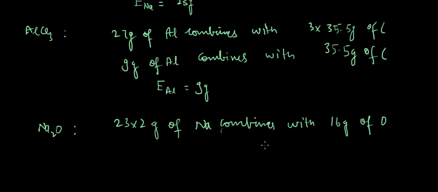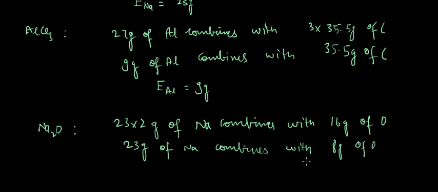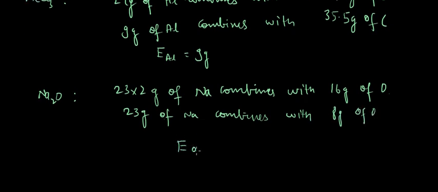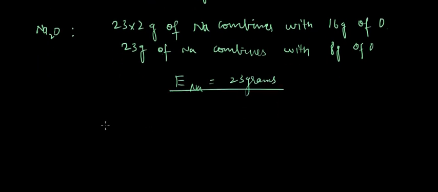Rather, we have to consider 8 grams of oxygen to calculate the equivalent weight. So 23 grams of sodium combines with 8 grams of oxygen, hence the equivalent weight of Na in Na2O would be 23 grams.